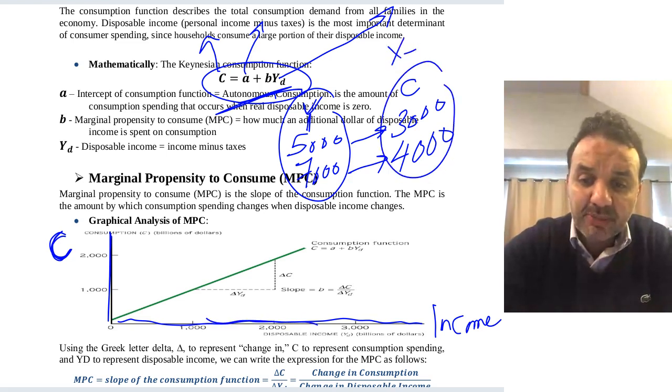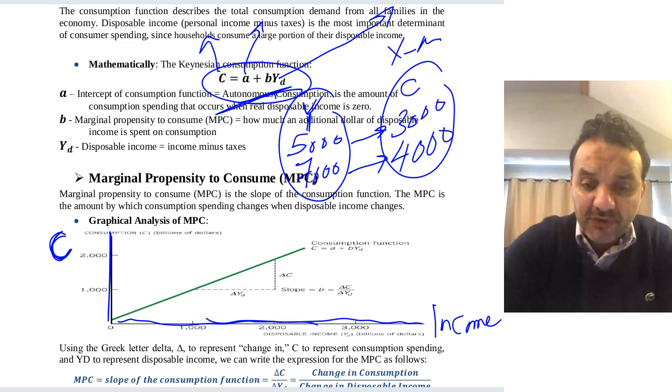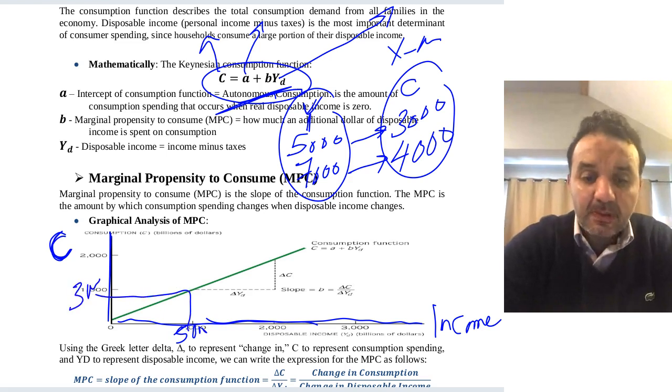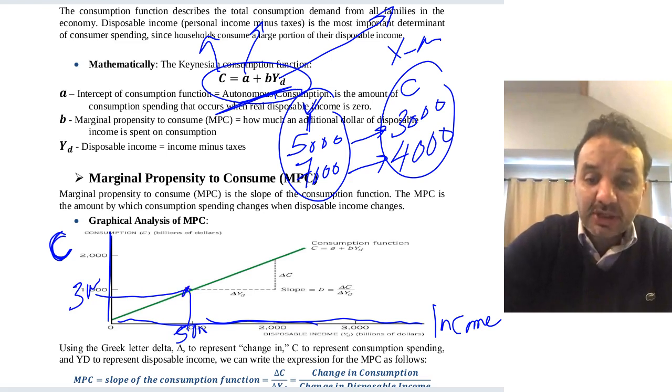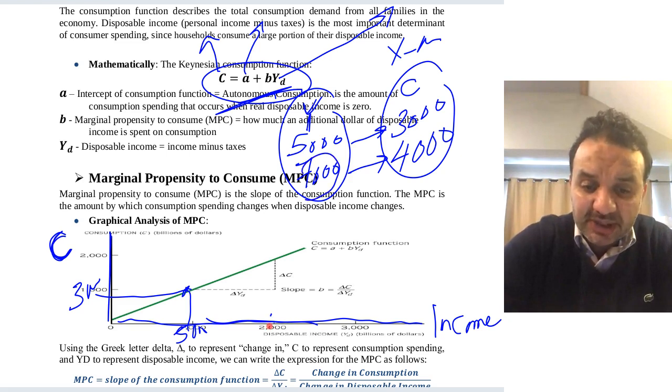So if we put 5,000 here, and this is 3,000, let's say this is point A. And point B, if your income is 7,000, your consumption will be 4,000.